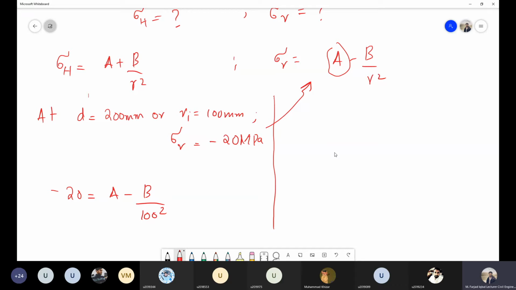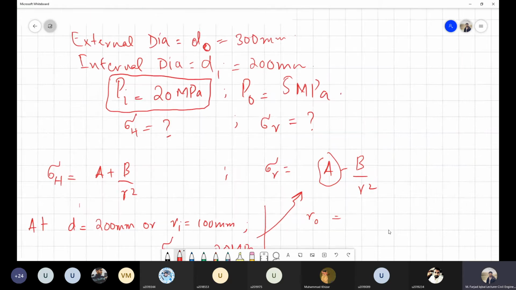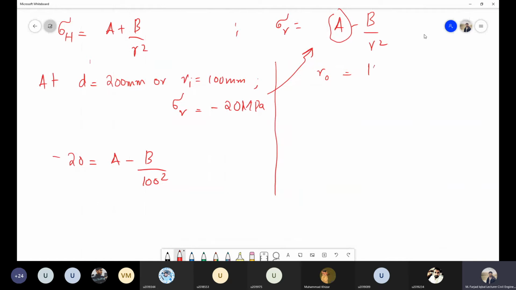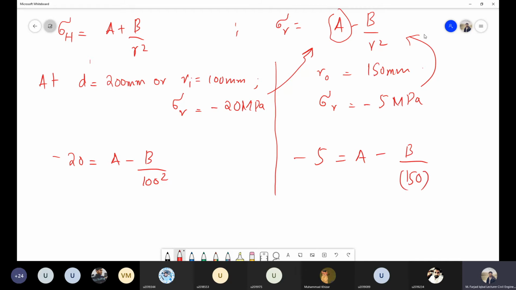From the question, the outer diameter is 300 millimeter, so the outer radius will be 150 mm, and my radial stress will be equal to the outer pressure but with the opposite sign, that is minus 5 megapascal. Substituting into this equation, I get another equation, that is minus 5 equals A minus B over 150 square.